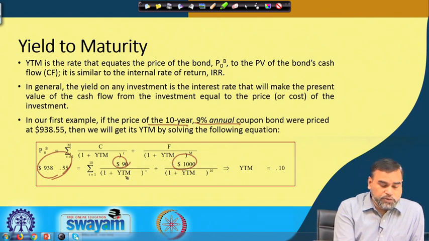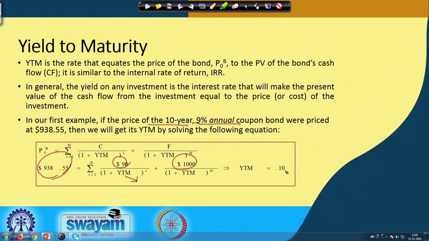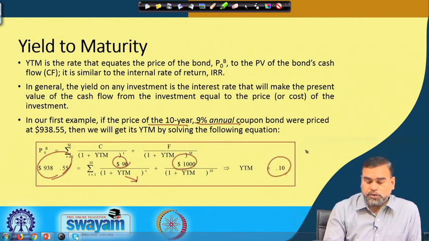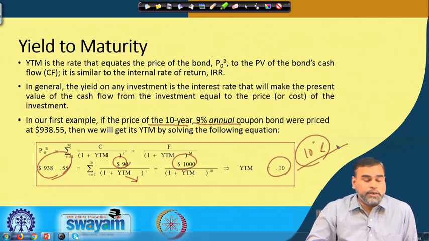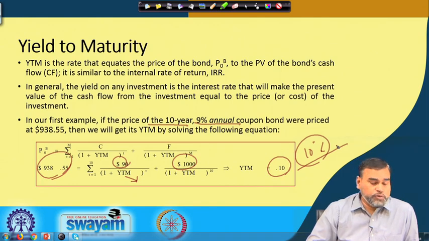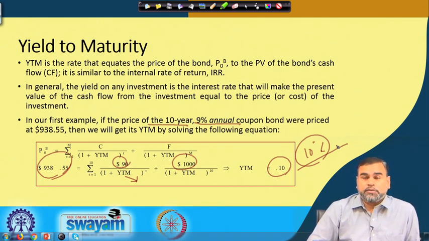If you solve this equation, whatever YTM or required rate of return you find, we call it the required rate of return or the yield to maturity. That is, the particular interest rate which equates the price of the bond with the present value of the cash flows, which we always use whenever we go for the valuation of the bond.